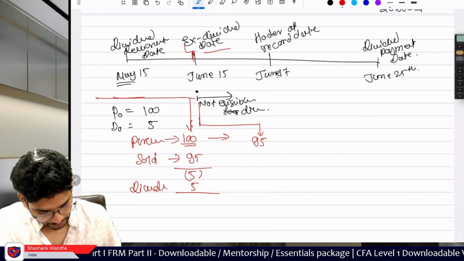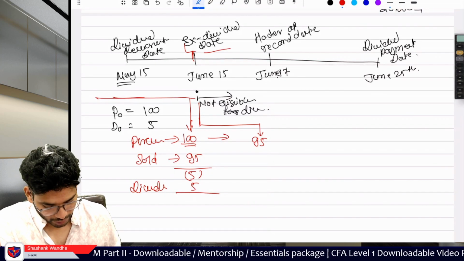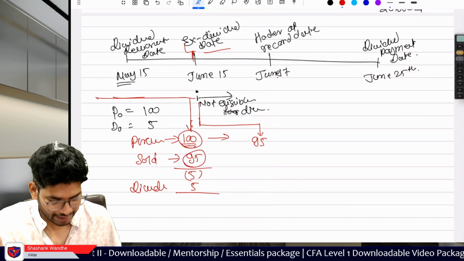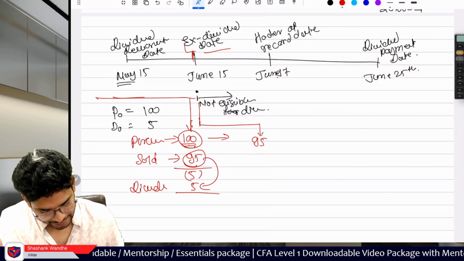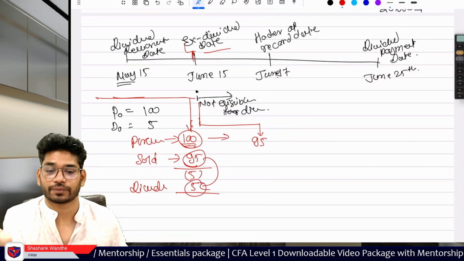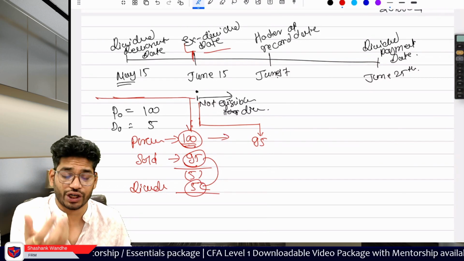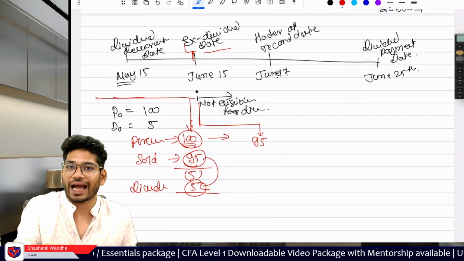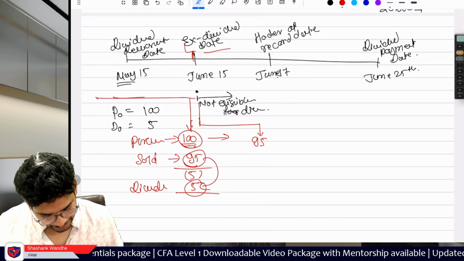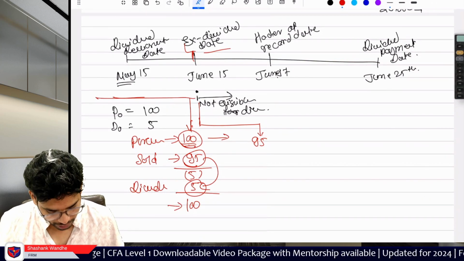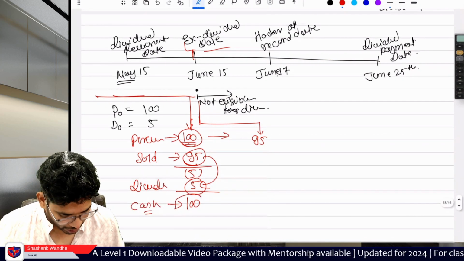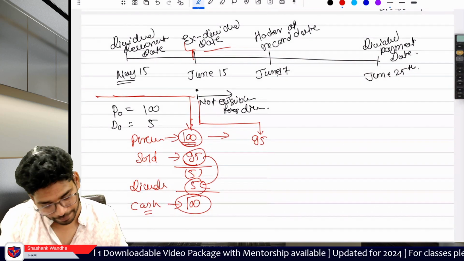So ultimately, this is the purchase price and this is the sale price. You sold the share at 95 and you got the cash dividend of 5. So the cash value you hold is still 100. You are not losing anything.